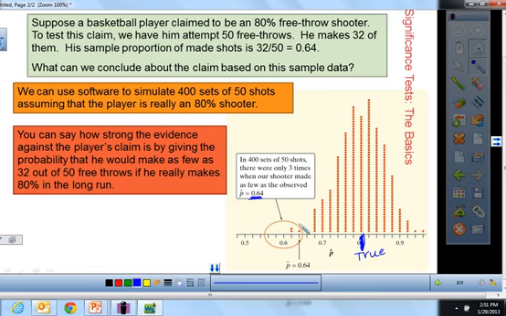So you could have only got a 0.64 this many times, given that this is true. If this is true, I could have only gotten this in my sample 3 out of 400 times. Could I get this p-hat of 0.64 given that this is actually true? Well, that comes out to be not very likely.